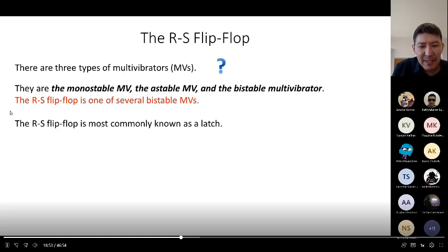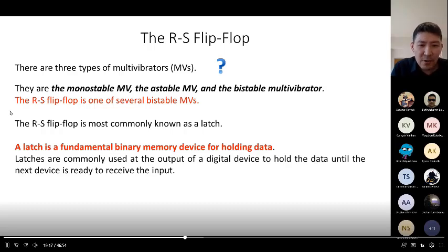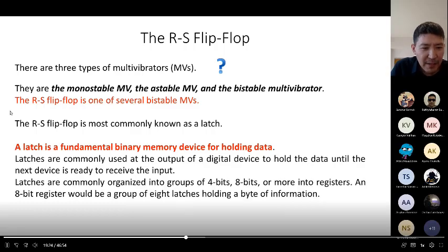Sometimes we call the flip-flop a latch, but a latch has some precise definition, and we'll talk about it later in this lecture. A latch is a fundamental binary memory device for holding data, and you see that the RS flip-flop in the hold mode can hold the data from the previous mode. Latches are commonly used as the output of digital devices to hold the data until the next device is ready to receive the input.